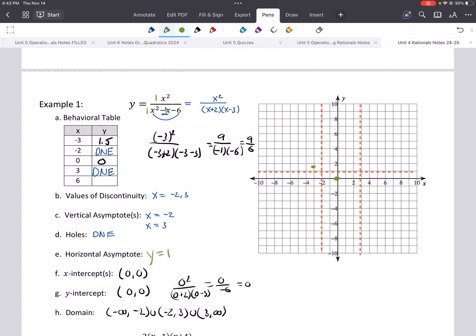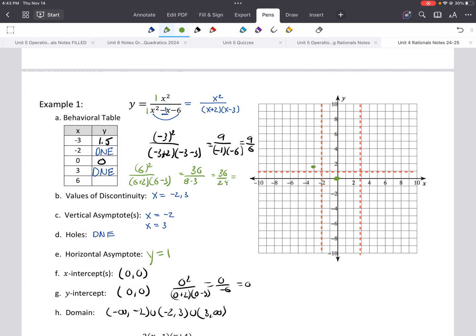And then we'll do the same with 6. So we'll have 6 squared over (6 plus 2) and (6 minus 3). So 36 over 8 times 3, which is 36 over 24. Again, you can use your calculator for this.